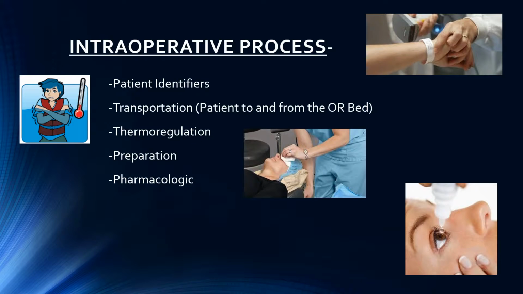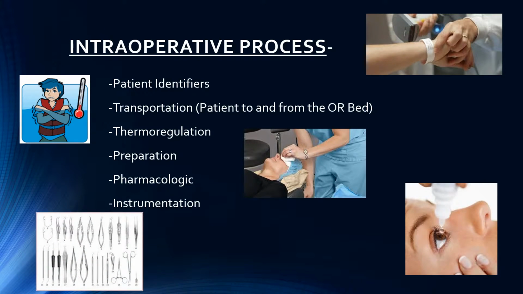Transportation for the patient to and from the OR bed, thermoregulation, which is the warming body temperature, or in some cases even making patient cold. Also preparation, making sure that it's free of any kind of pathogen, and pharmacologic, which is medications, that type of thing, and the appropriate instrumentation for the case itself.